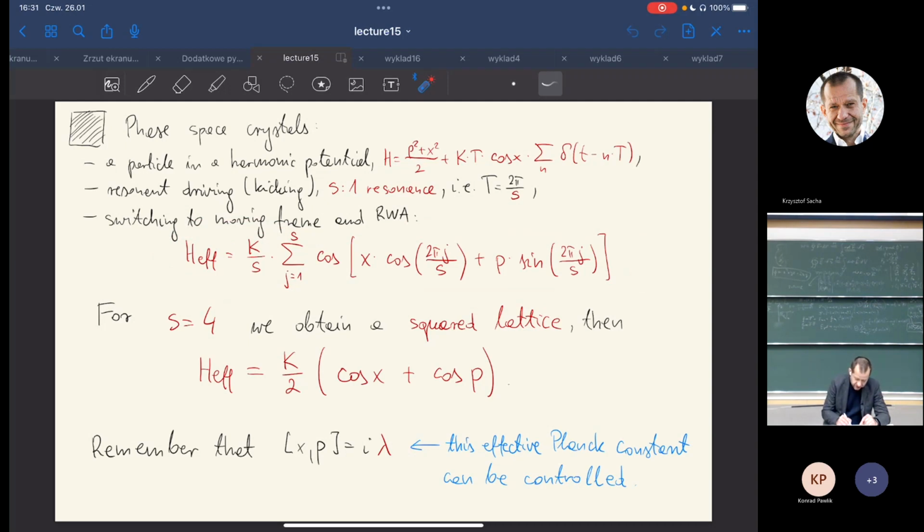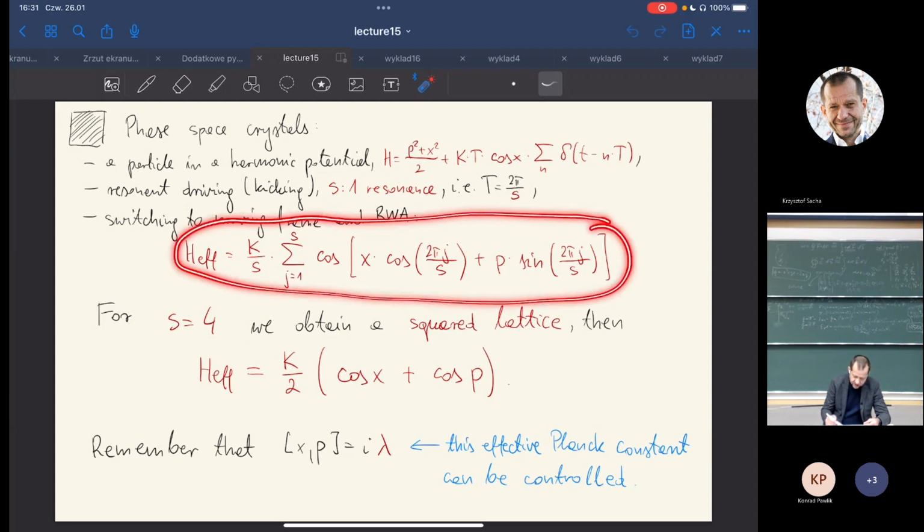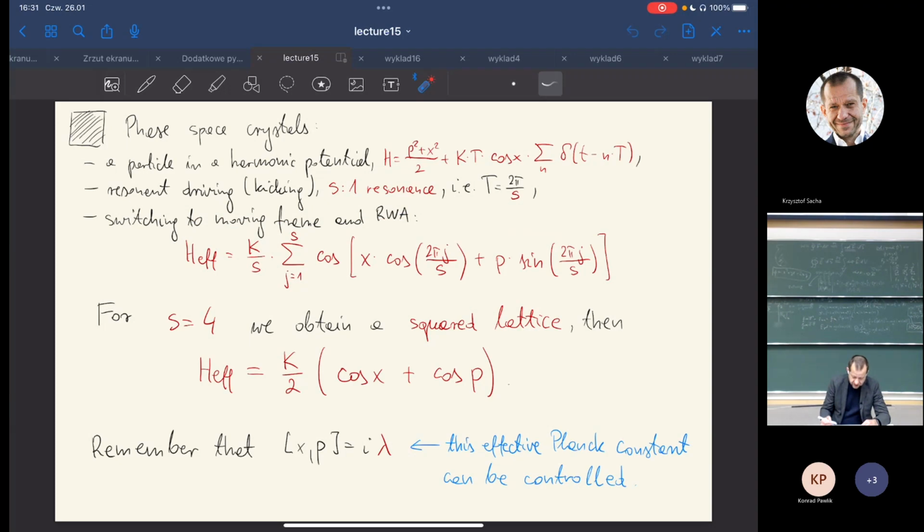If we choose different resonance numbers, then it turns out that we can observe different crystalline structures in the phase space. So classically, the contour plots of this effective energy reveal, for example, a square lattice, where we choose the resonance corresponding to s equal 4. And actually, we are going to analyze precisely this kind of resonance.